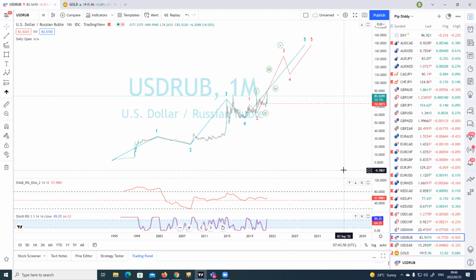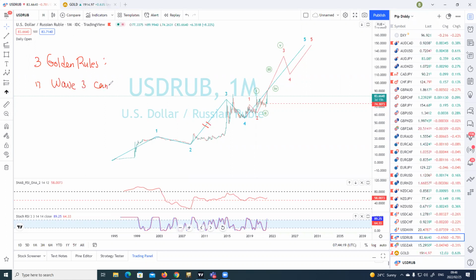So according to the Elliott wave theory, we have 3 golden rules. The first one is that wave 3 cannot be the shortest wave in all the 5 waves, right?